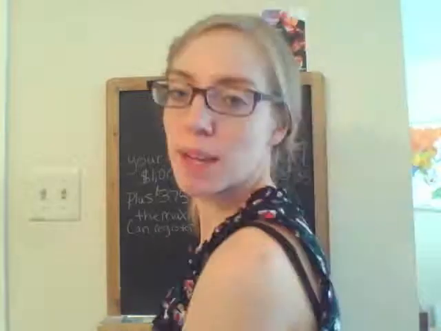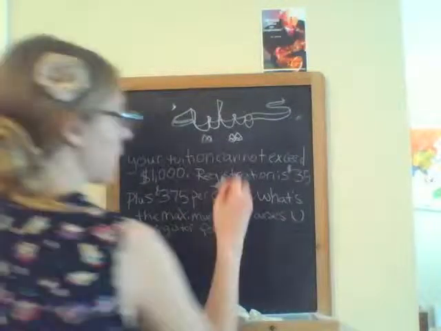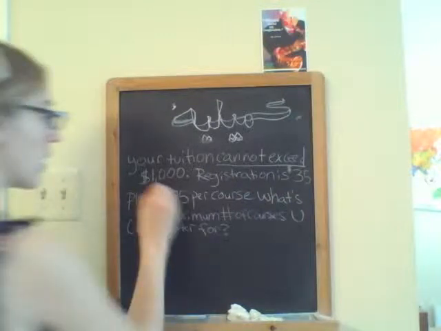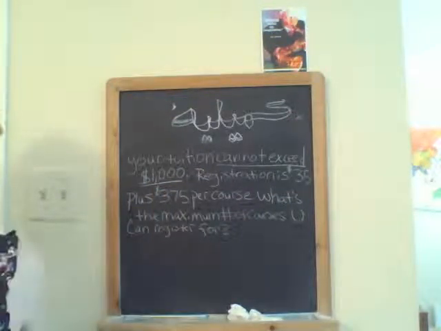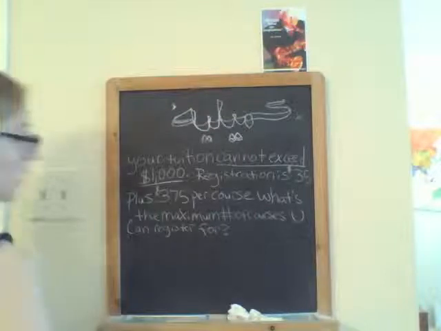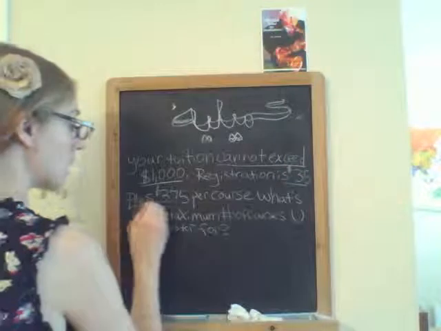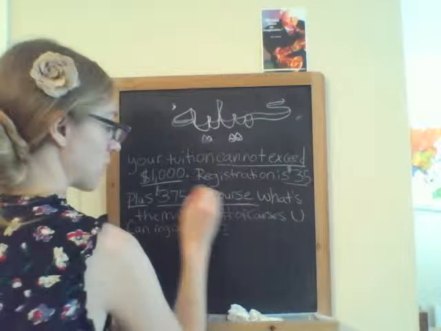So I'm going to go through and pick out the important words that we need to build around. Now, as you can see we have the cannot exceed here, $1,000, right? So registration is $35 plus $375 per course. So now this here, remember this?